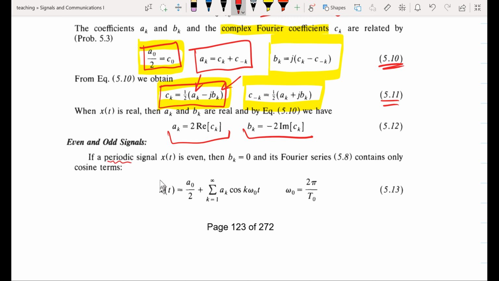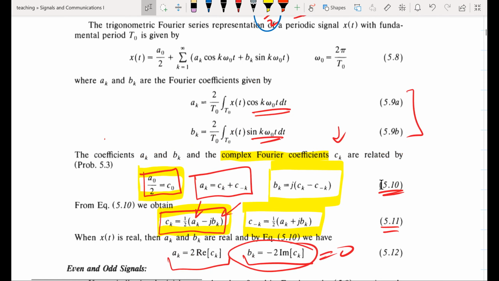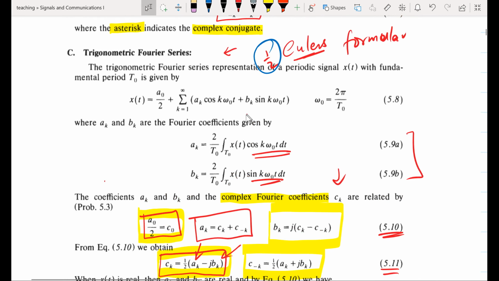We are saying that if a periodic signal x(t) is even, then this term, of course, will be 0 because it's imaginary. And we see now that the Fourier series represented in equation 5.8 only contains, and 5.8 is right here, we drop this term because we know by default that the cosine function is always even, and the sine function is odd.